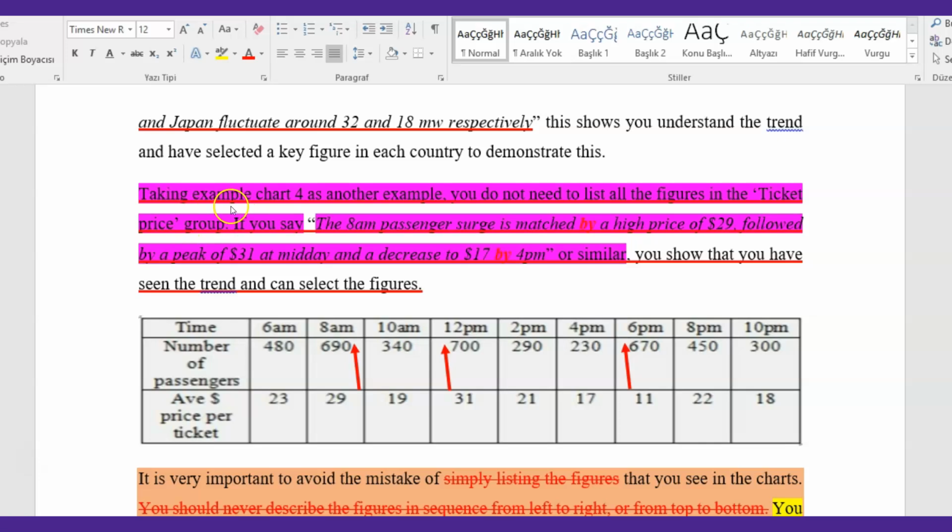And taking example chart 4 as another example, okay? You do not need to list all the figures in the ticket price group.